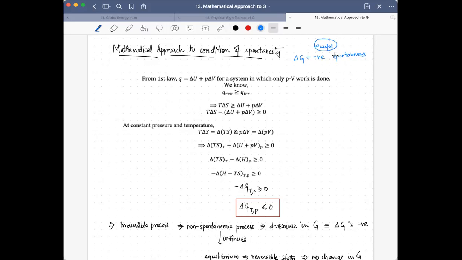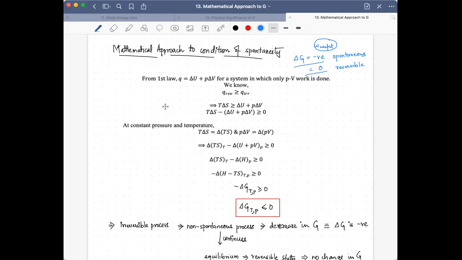And once this useful work has been completely used up, then it becomes zero. So at equilibrium or a reversible state of the system, where delta G becomes equal to zero, is the condition where there is no further work you can obtain from the system. So this is what we tried to understand in the previous video.